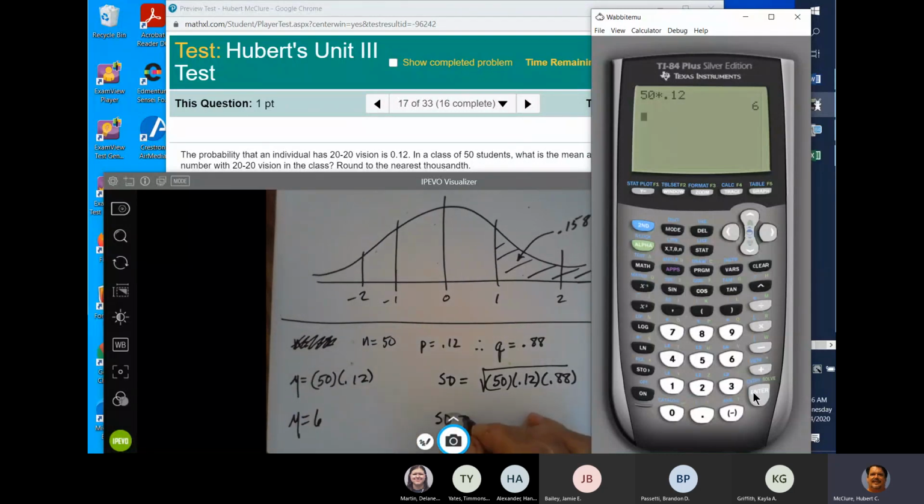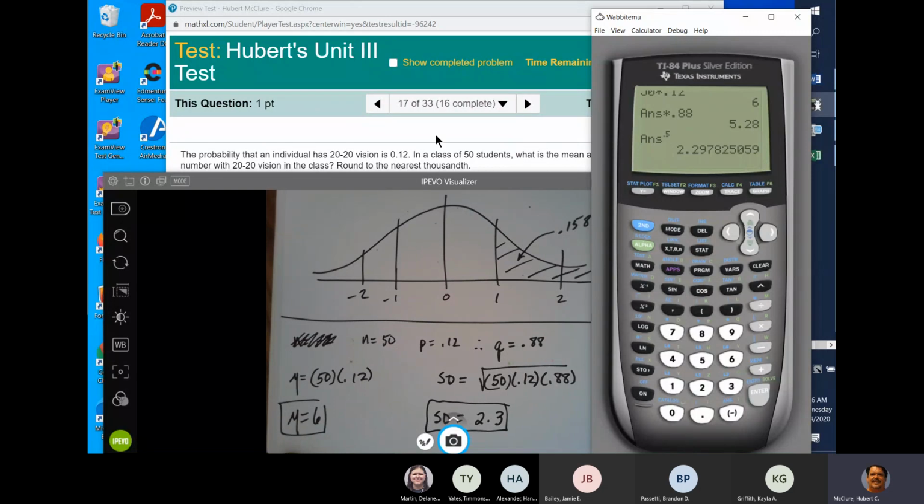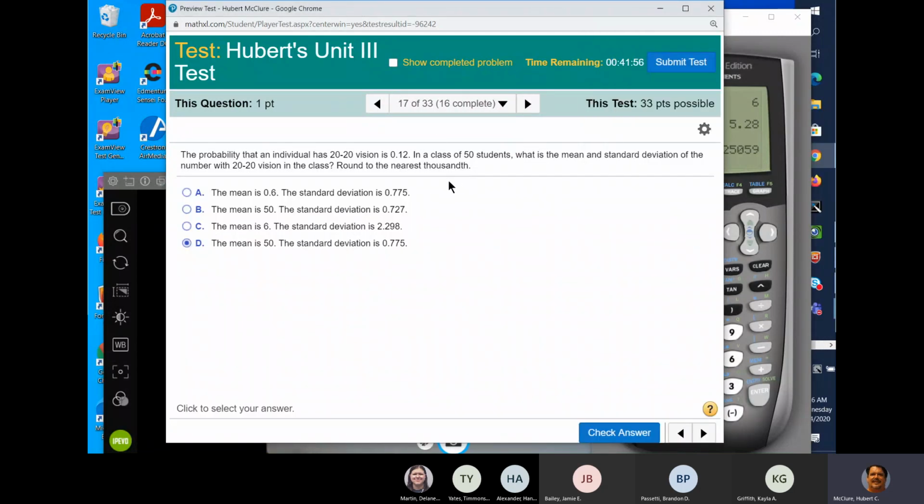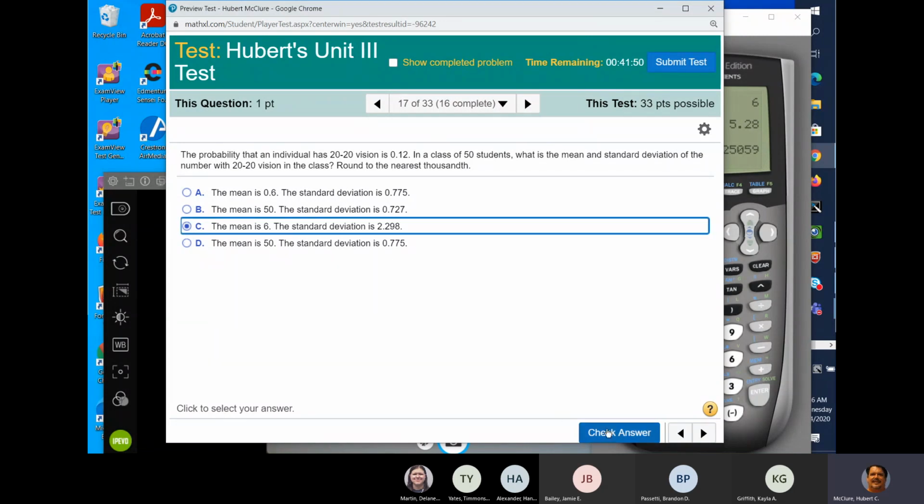And the standard deviation: 6 times 0.88, raise that to the 0.5 power, or take the square root of it, 2.29. I'm going to go ahead and say 2.3. So 6 and 2.3. The mean is equal to 6. There we go.